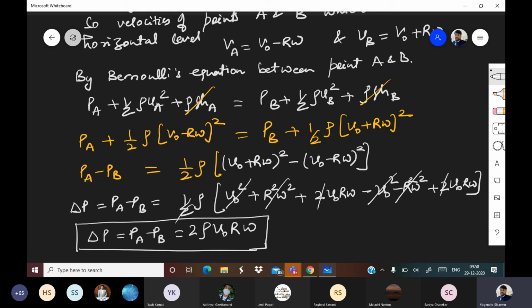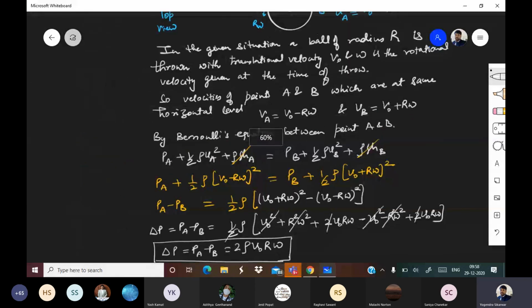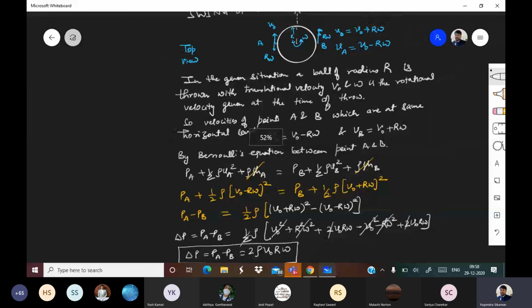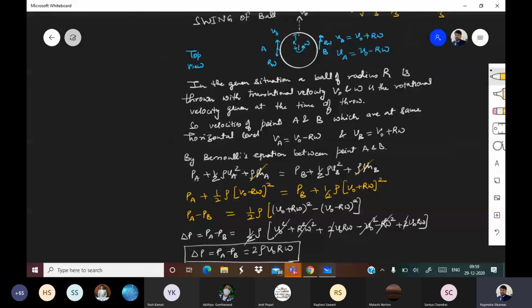So there is a pressure difference between points A and B, and due to that the ball will swing. The ball will swing in which direction? From A to B. Let me show you that the ball will swing like this, because pressure at the A side is more and pressure at the B side is less. That will cause the swing of the ball.